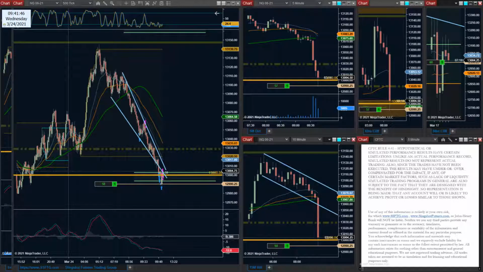Nice. Okay. Okay, well. They're trying. Got to see more continuation back to the upside. If that low side was a trap, I want to see this go higher, and I want to see it go relatively aggressively, not much of a pullback.